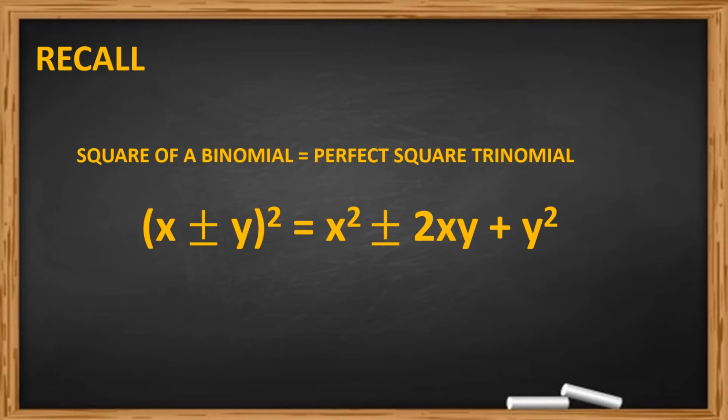Notice the relationship of the left side of the equation to the right side, because later on this relationship is your foundation to effectively solve quadratic equations using completing the square.